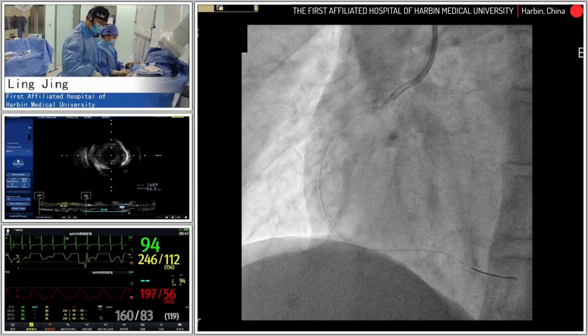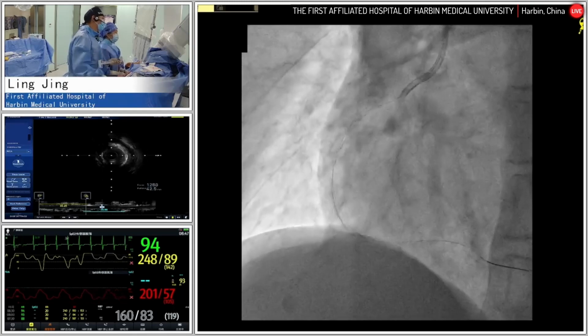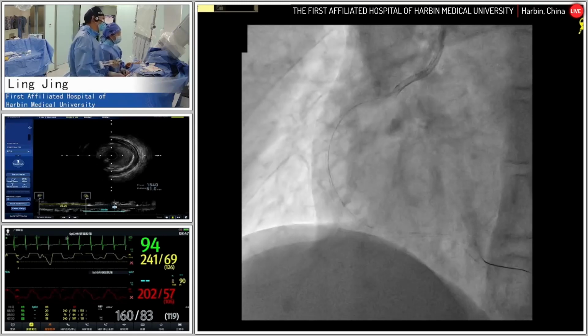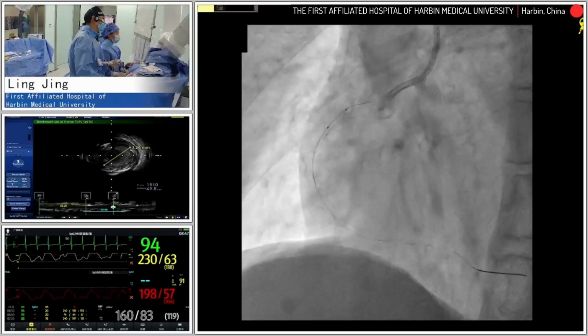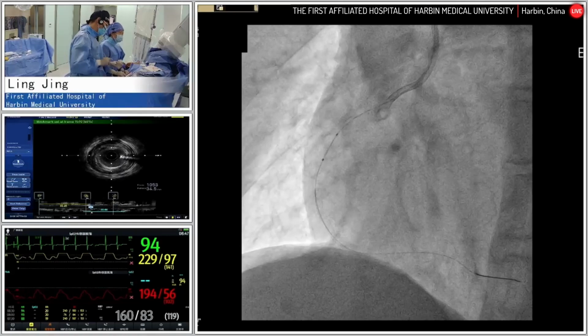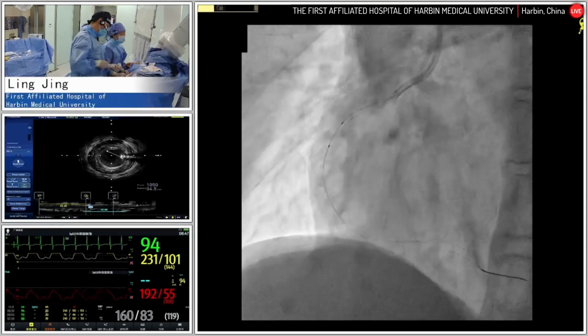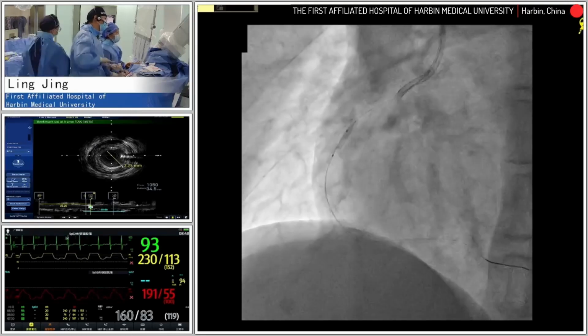Okay, let's check the IVUS again to find the second stent. So maybe 2.75 or something, I think. 2.75 cutting balloon. Okay, so the second one should be 2.75 stent.